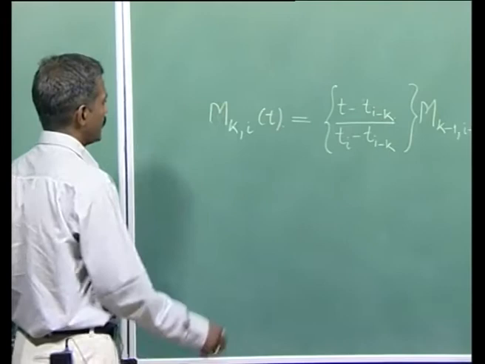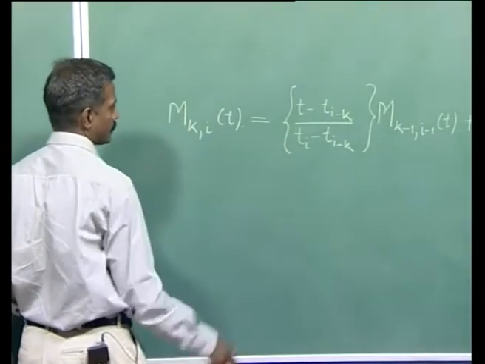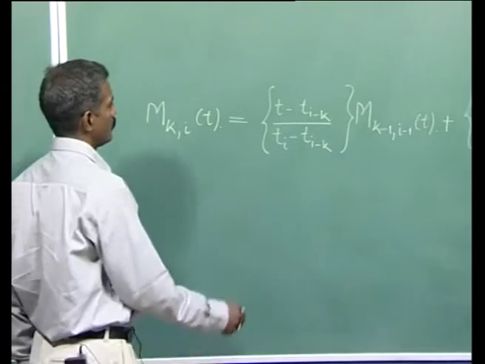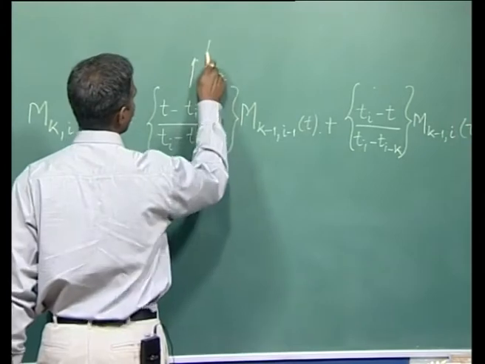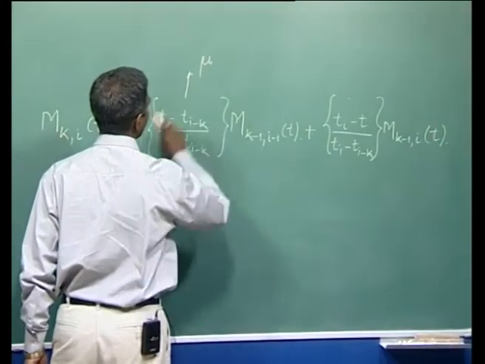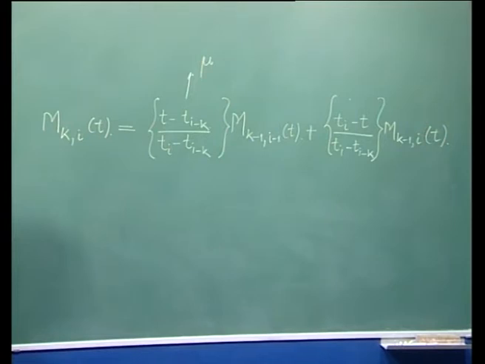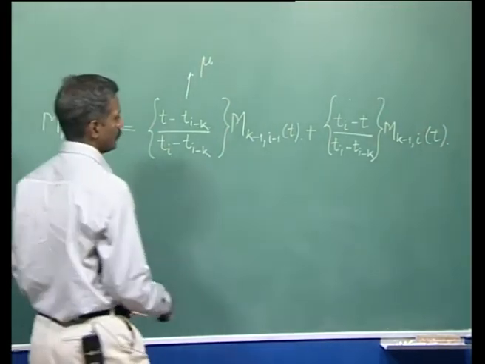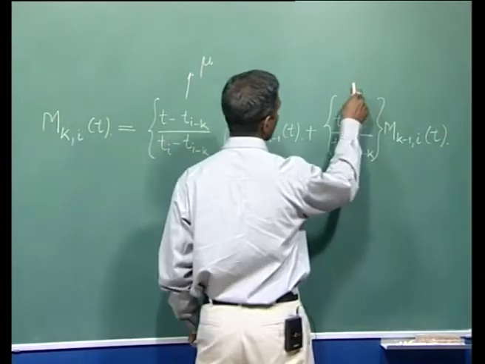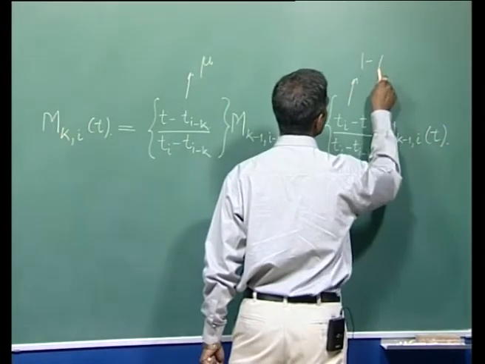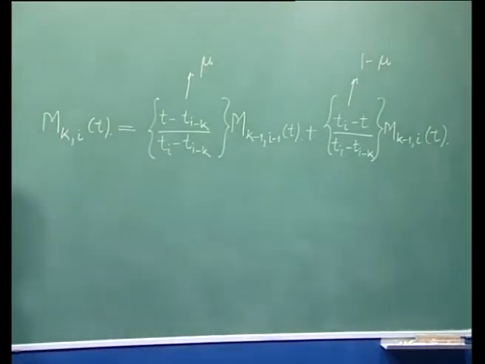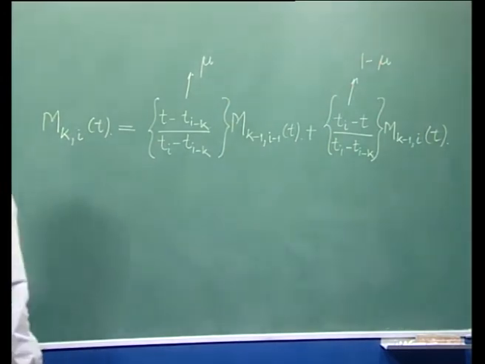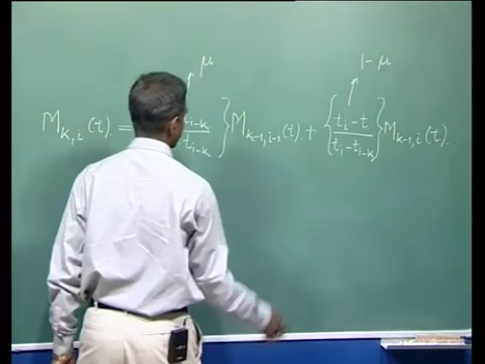There is another interesting feature about this recursion relation. Now say that this weight is mu. It would not be very difficult for you to figure that this weight here will be 1 minus mu. An easy way to check this is add these two weights together.